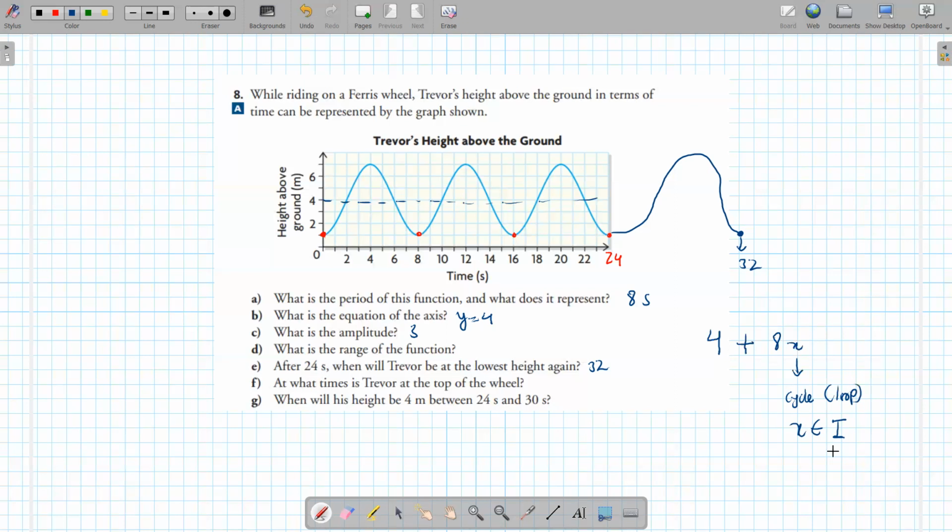Let's look at the next one. When will his height be 4 meters between 24 and 30 seconds? Just look at the pattern for 4-meter height.